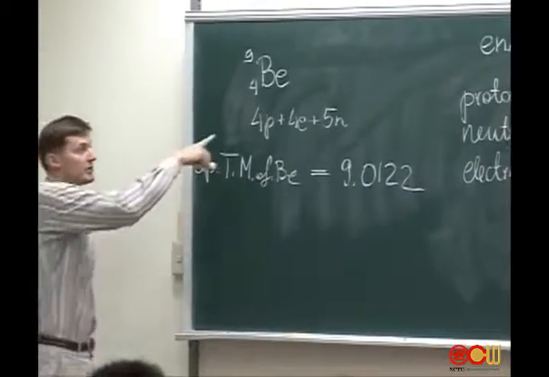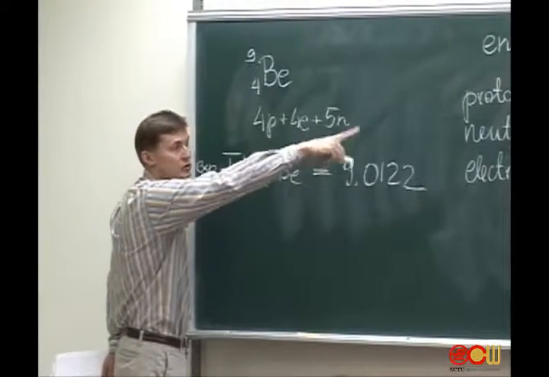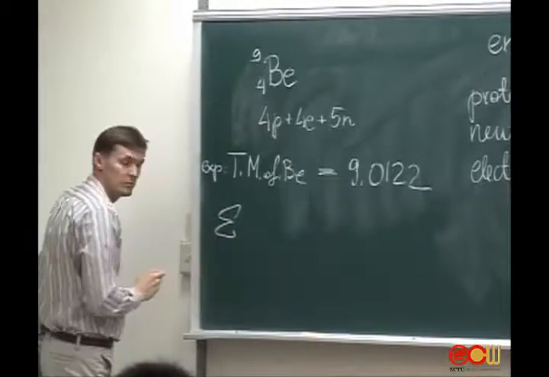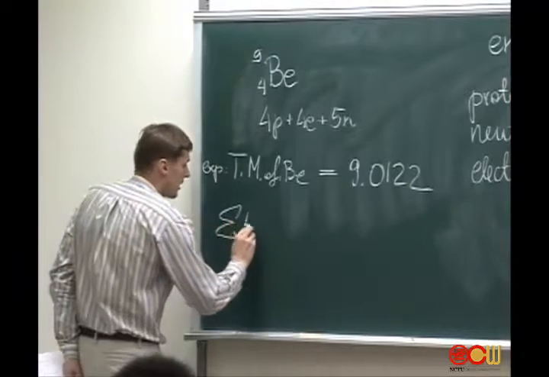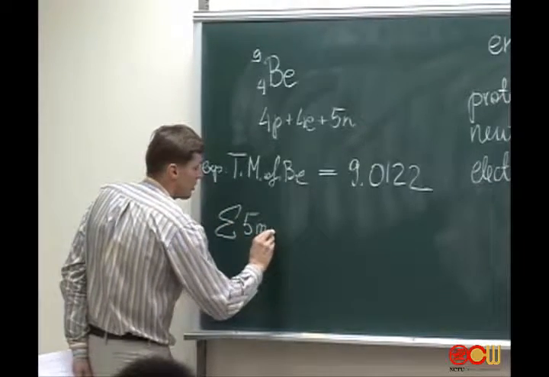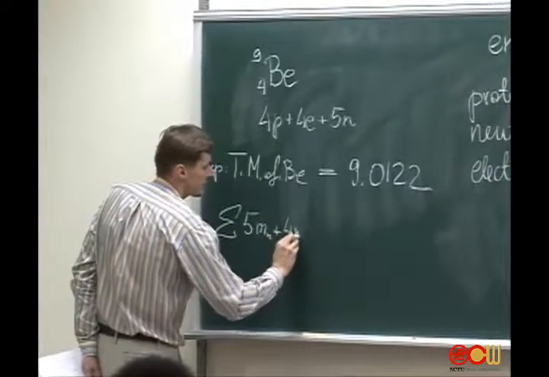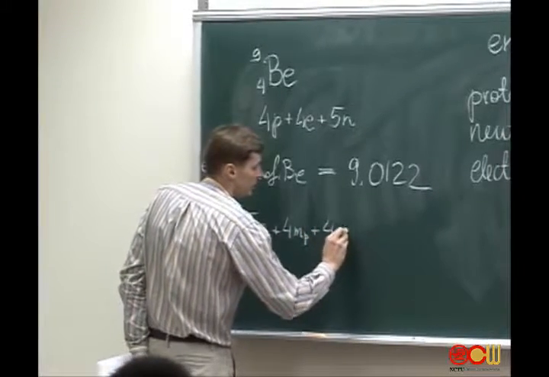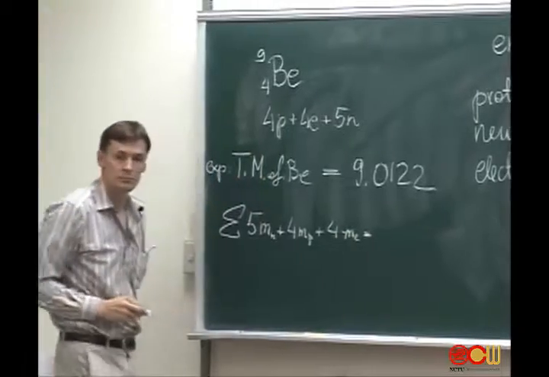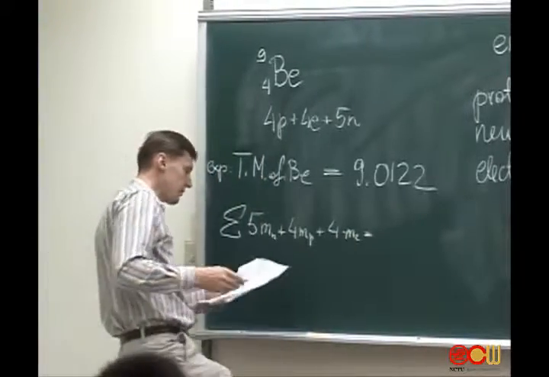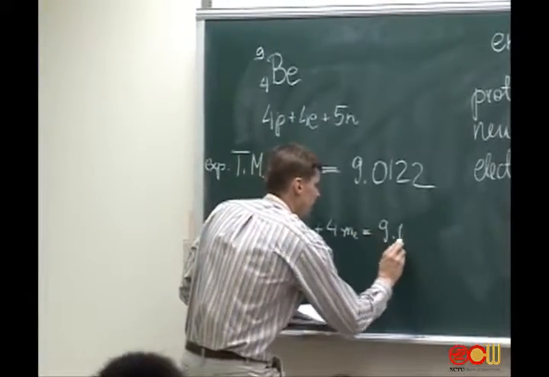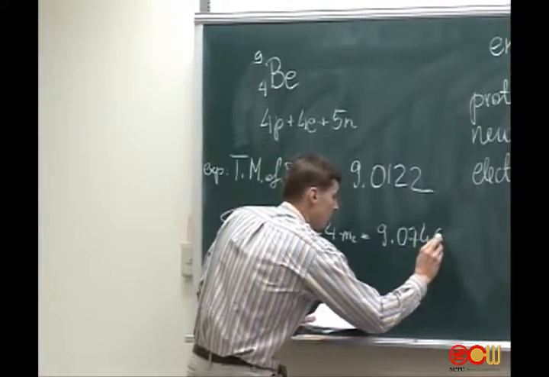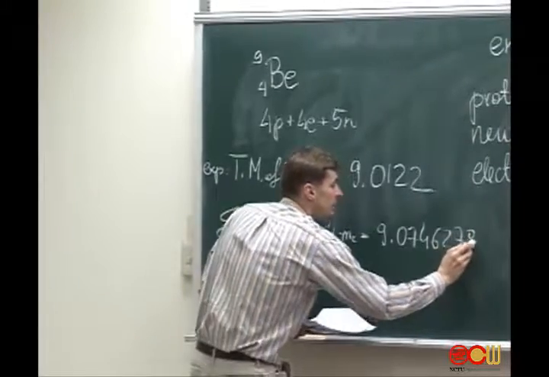Okay, now we know it's 4 protons, 5 neutrons, 4 electrons. Using these masses, we can calculate a sum. So it would be 5 masses of neutron plus 4 masses of proton plus 4 masses of electron. You calculate this together and you find that this is equal to 9.0746278.